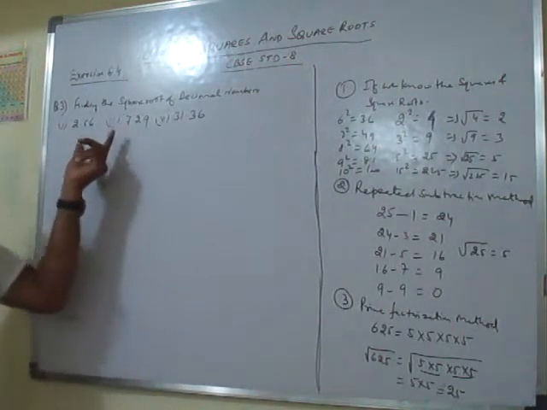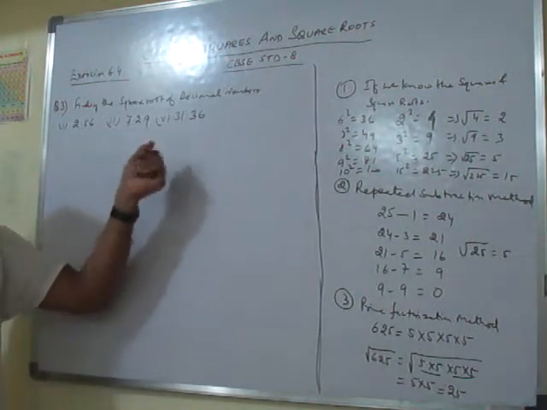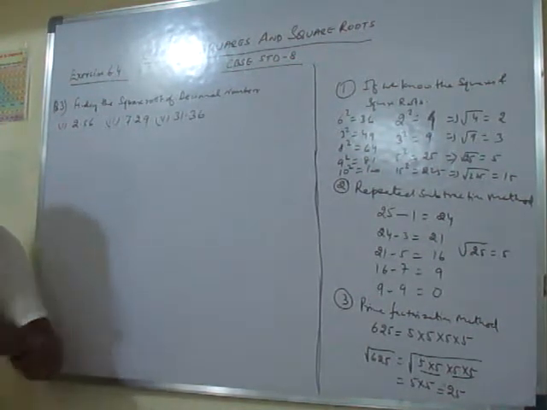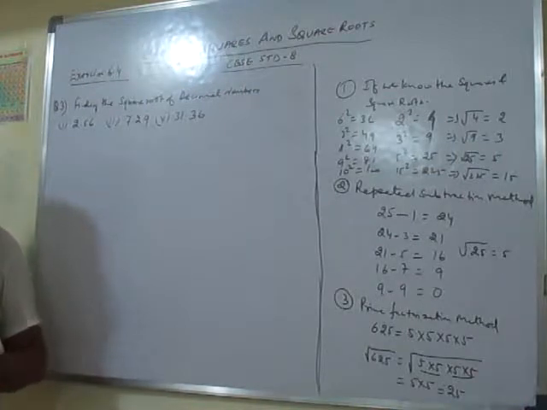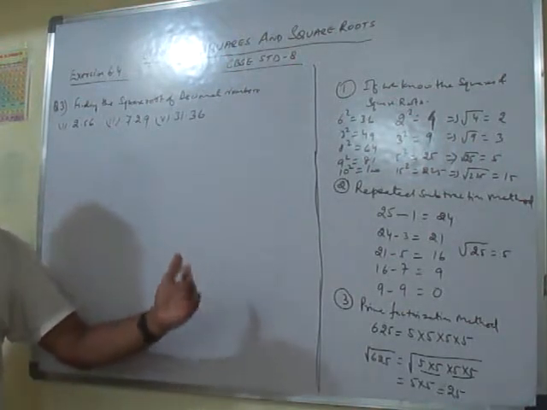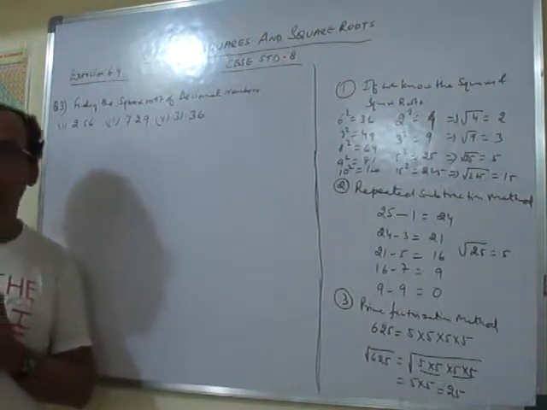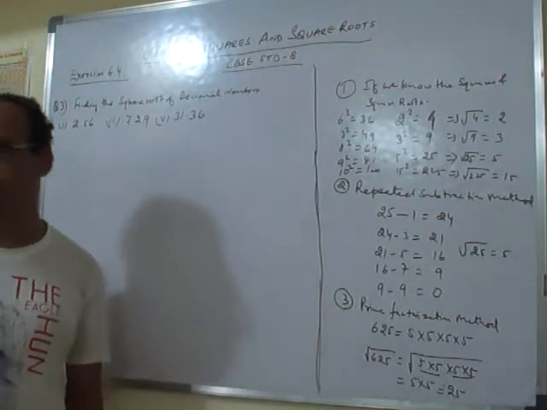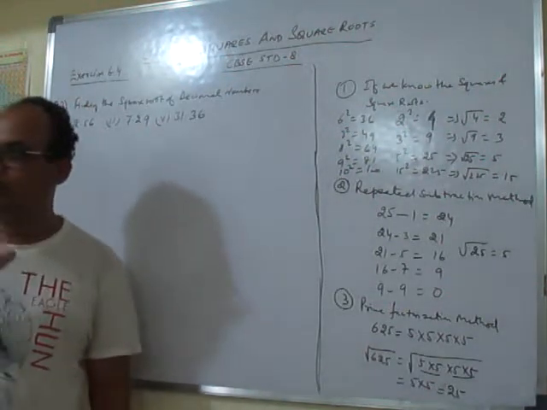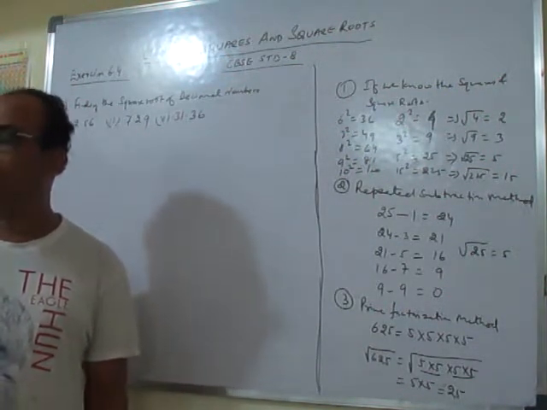If the complete square has an odd number of digits, that is, if n is odd, we need to add 1 and divide by 2. That means (n plus 1) divided by 2 will give us the number of digits in the square root.